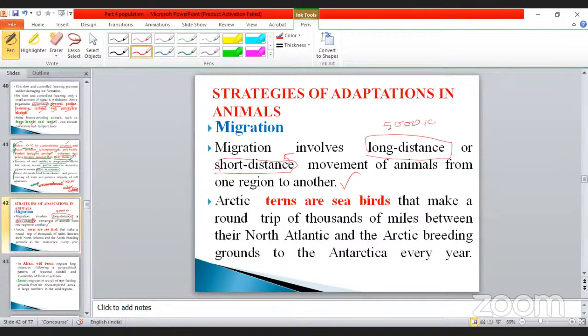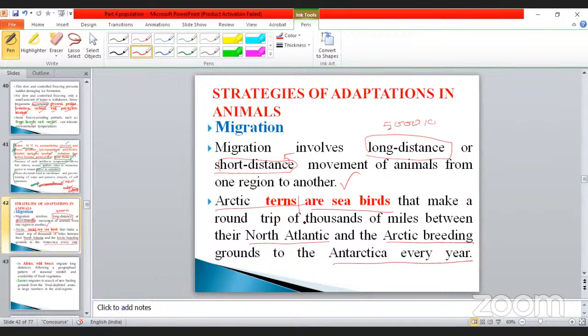See here. The Arctic terns or sea birds. Arctic terns, note it down, my dear. Sea birds make a round trip of thousands of miles between the North Atlantic and the Arctic breeding ground to the Antarctica every year.